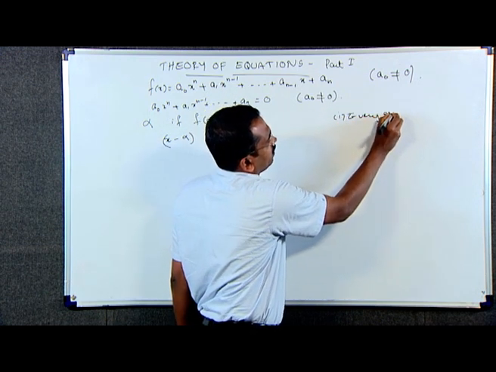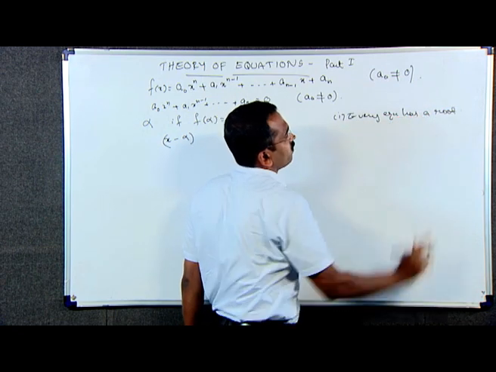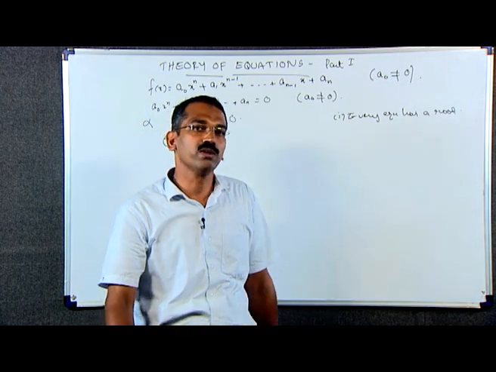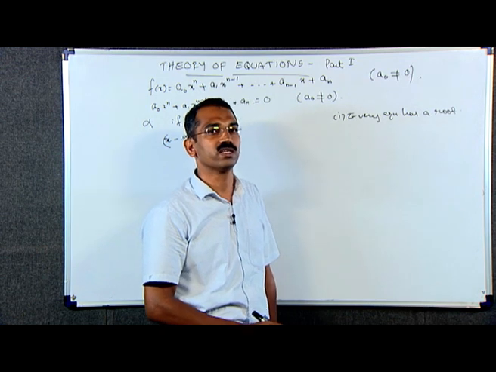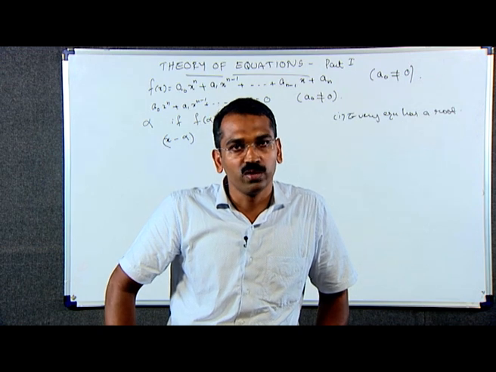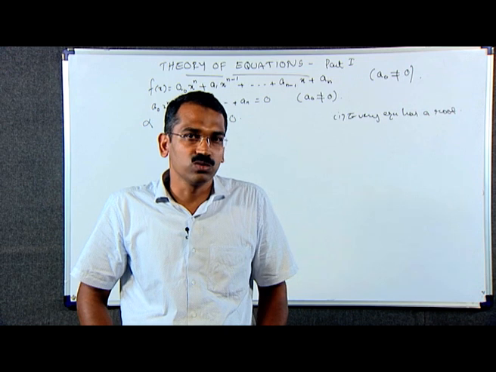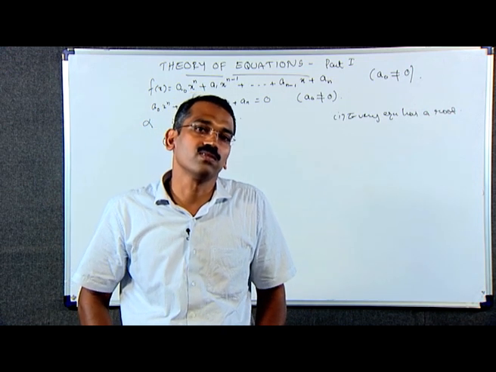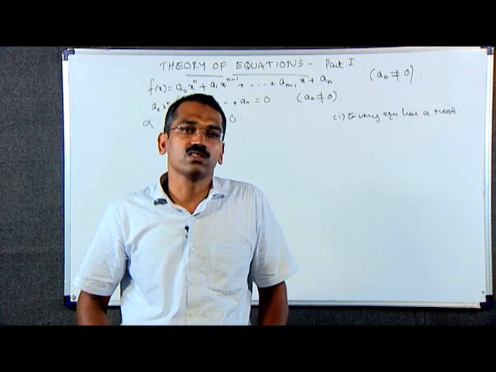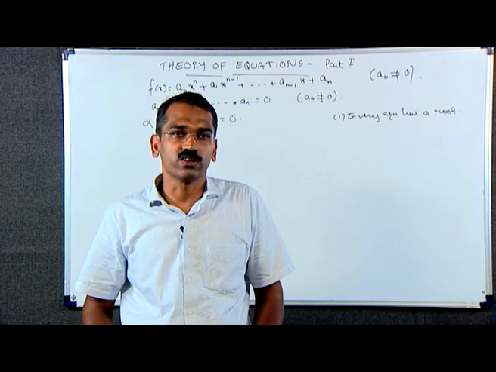And the second one is, every polynomial equation of nth degree has n and only n roots. These are the two fundamental theorems. On the basis of these two fundamental theorems, we will discuss the theory of equations.